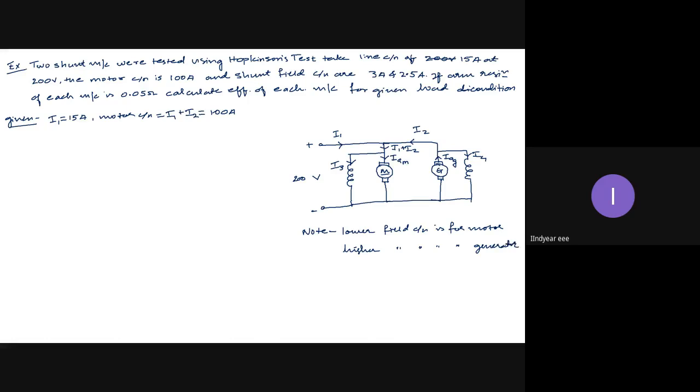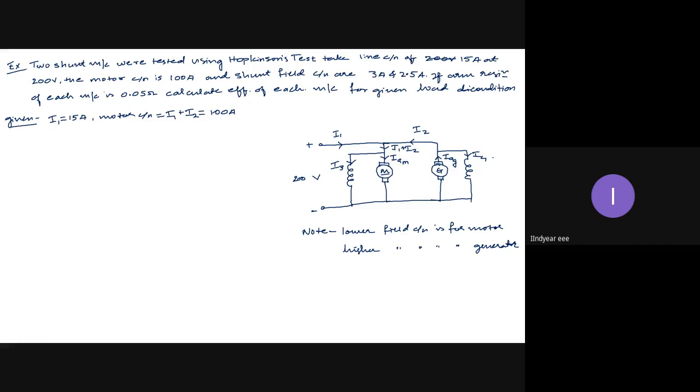In the textbook they have made this mistake. They have taken 2.5 amperes for generator and 3 amperes for motor. I only took the example as it is, so this is a small error in the textbook solution. Now, if it is exclusively mentioned that 2.5 amperes is for generator and 3 amperes for motor, then we have to consider it as it is.